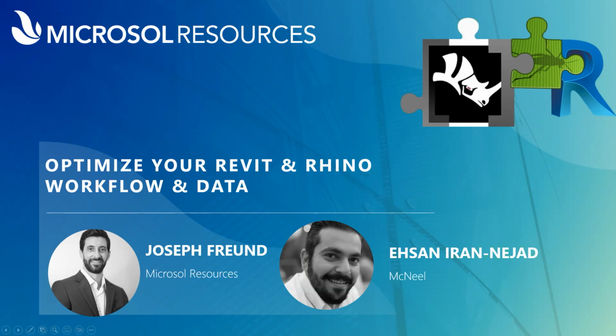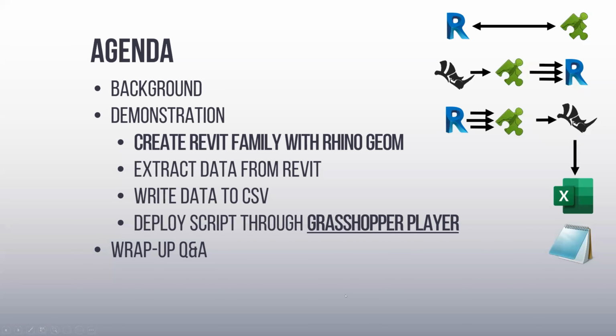All right, so I'm just going to jump right into it here. A little bit on the finer agenda of the presentation. I'll do a little background that I've done in past Rhino.Inside.Revit webinars, just introducing what the technology is. And then we're going to dive right into some workflow examples. The main example I'll be covering today is creating a Revit family based on Rhino geometry.